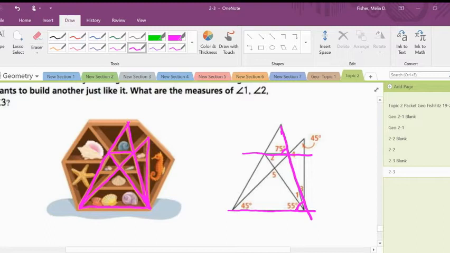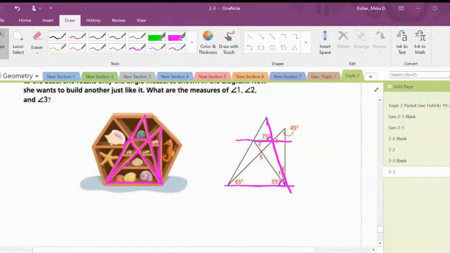So to solve for angle 1, we can say that angle 1 plus 55 degrees is going to equal 75 degrees. So we just subtract 55 from 75, and we get the measure of angle 1 is 20. So that's 20 right there.